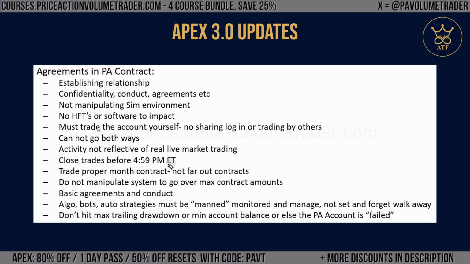So just make sure to pay attention to that. And all other rules: no manipulation of the sim environment, no high frequency trading, etc. Do not hit your trailing drawdown or the minimum account balance, or you're going to fail. That's obviously the main rule.